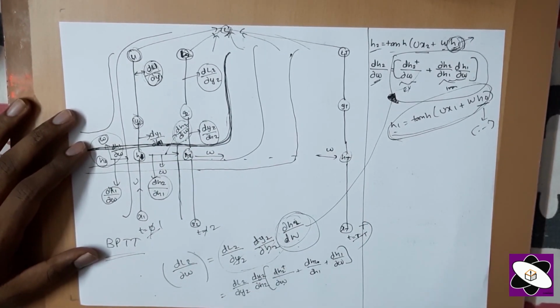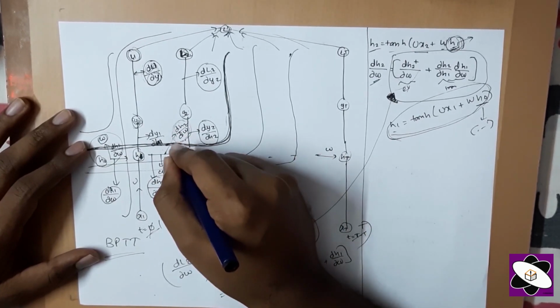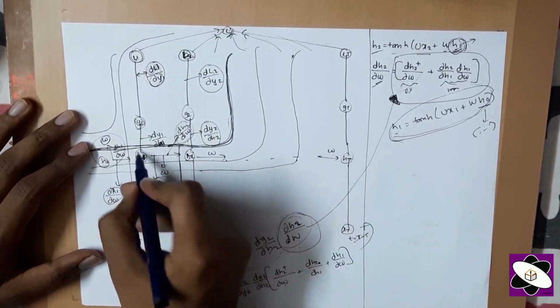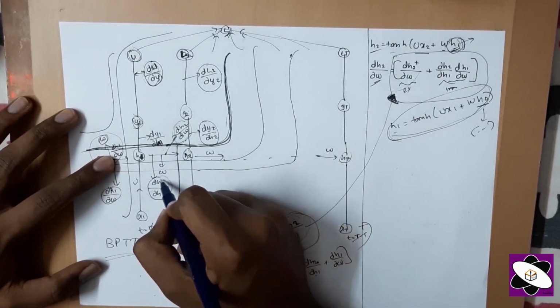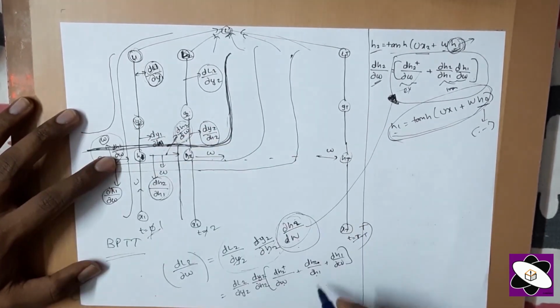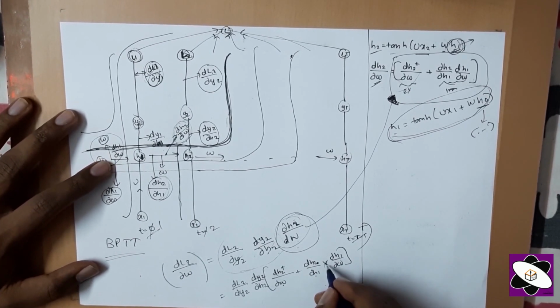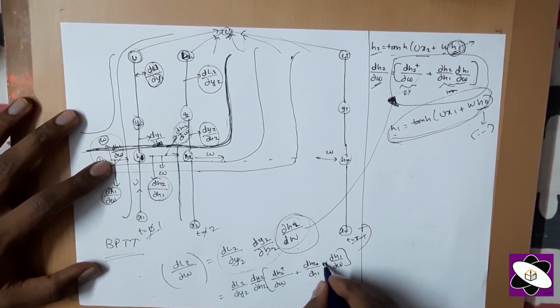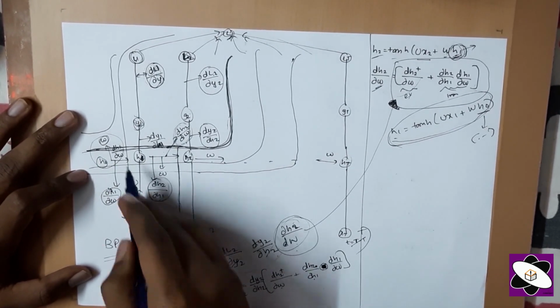For that we need to find dh1 by dW. So dh2 by dW up to here we'll get, then it will backpropagate to here. Then we have to find dh2 by dh1 to go back, and that into the dot product or vector, so we will get dh1 by dW here.